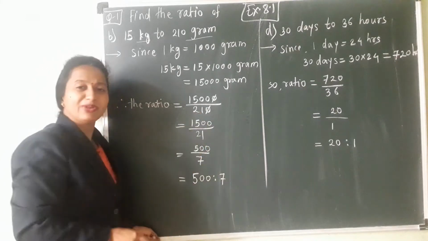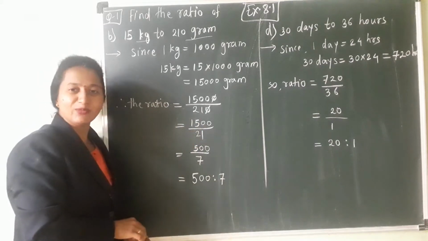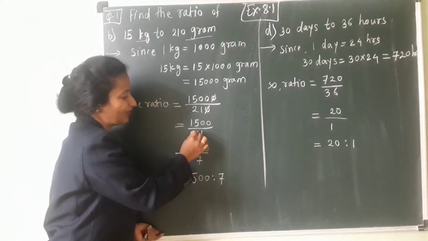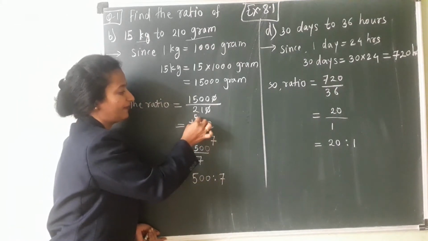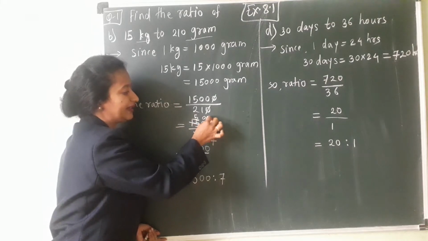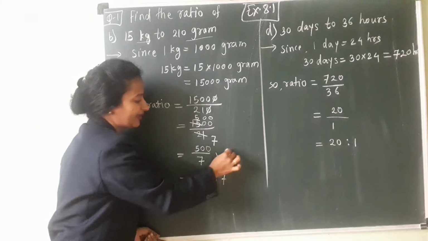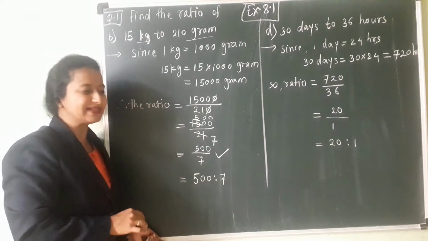Now is it possible to divide this? Is there any number by which we can divide both numbers? Yes, we can divide by 3. 3 sevens are 21, 3 fives are 15, and these two zeros we write as they are. So what answer did we get here? 500 divided by 7, or 500 upon 7.